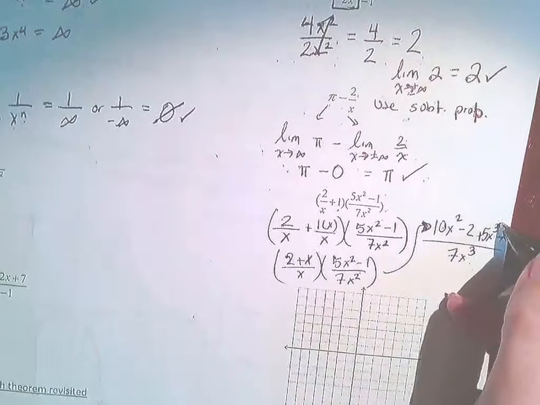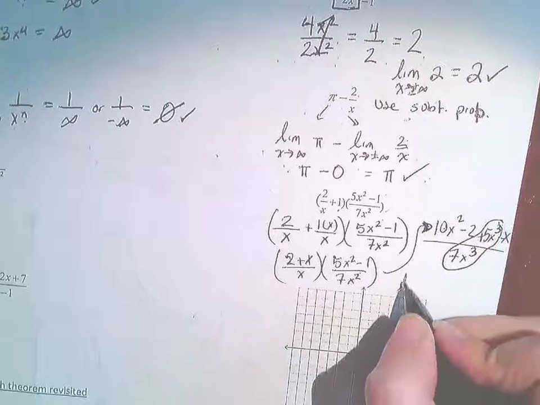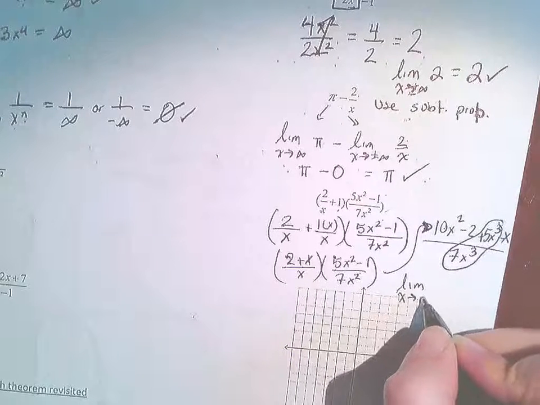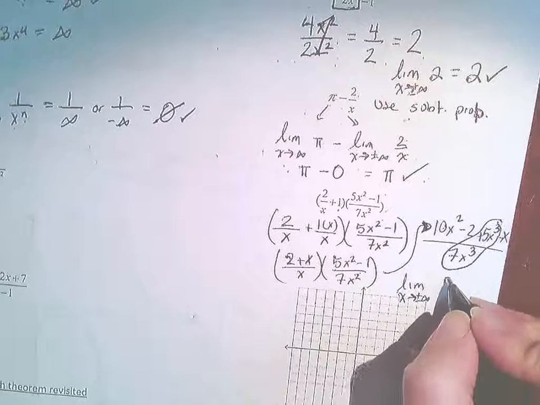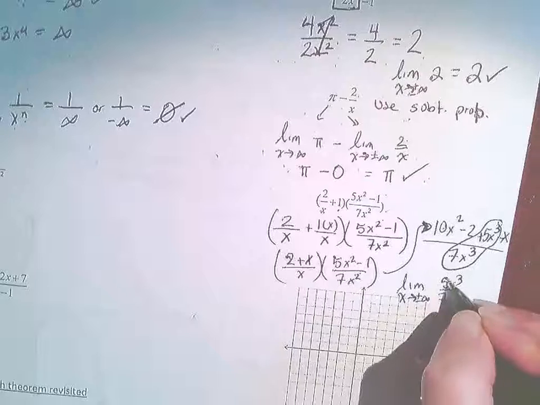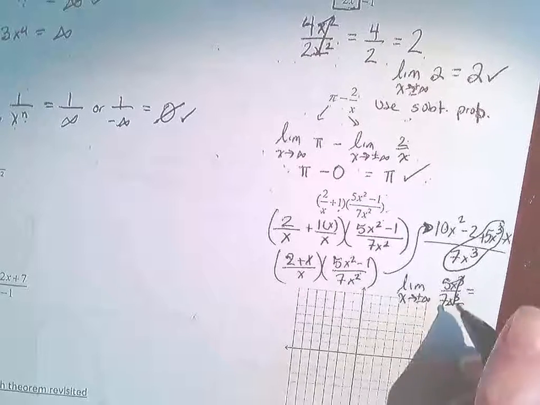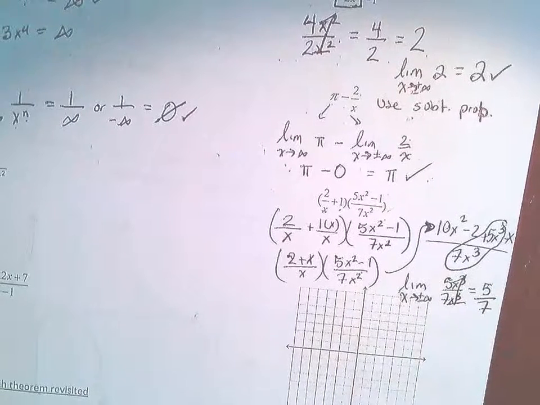So my leading terms are right here. So I'm only going to focus on the limit as x approaches positive and negative infinity of 5x cubed over 7x cubed. And what do you notice happens to the cubes? They are gone. So we're left with a constant, and therefore the limit is just 5 over 7.